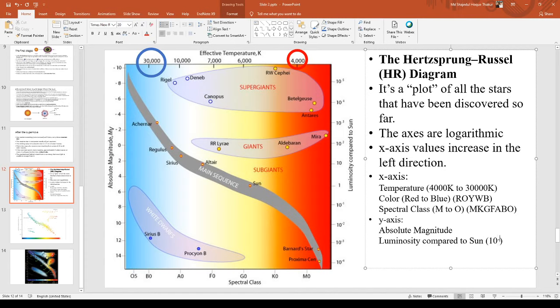And this goes from 10 to the minus 4 to 10 to the plus 5. So this is very important to remember. Everything that I'm writing on this right side of the diagram, you have to totally memorize.